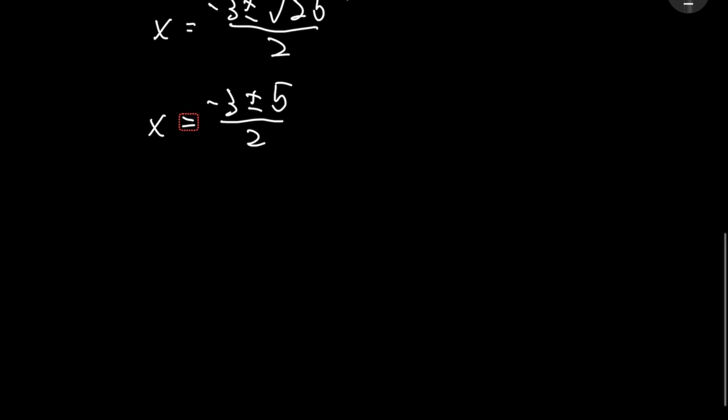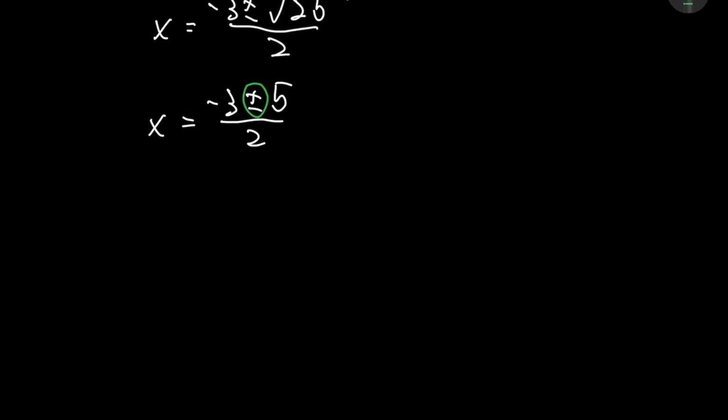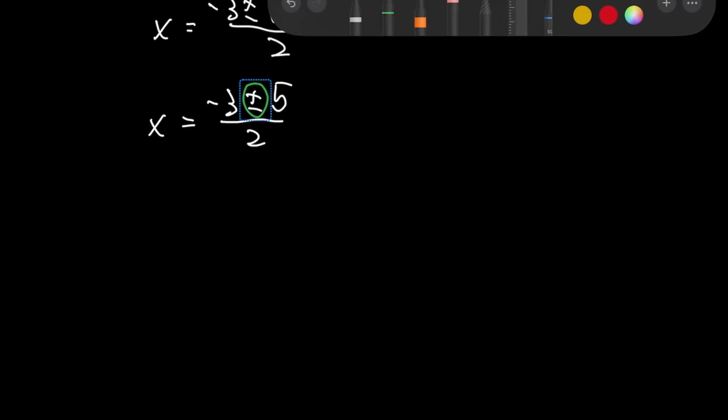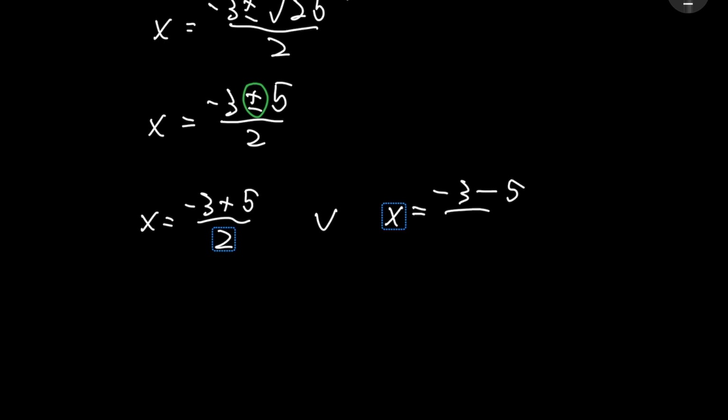Now we're at a step where we're going to split the equation into two parts. Remember, we have this plus minus symbol. So x is equal to minus 3 plus 5 divided by 2, or x equals minus 3 minus 5 divided by 2.